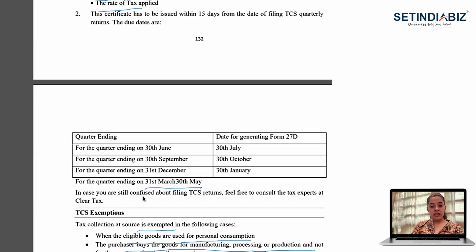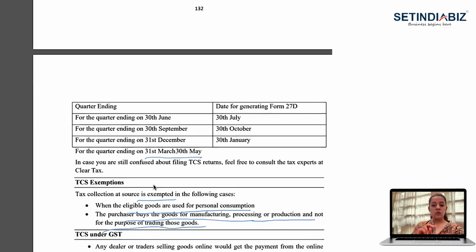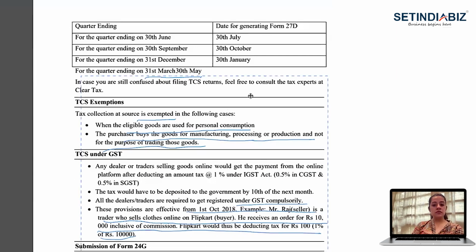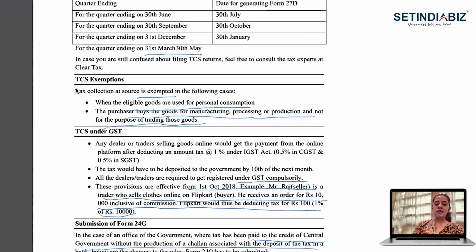For the quarter ending on 31st March, we get 2 extra months. You can see it is 30th May. So for every quarter it is 1 month, but since the financial year closes on 31st March and it is difficult to do everything in April, the government has given 2 months, that is 30th May, to file the return. In case you're still confused, you can check the ClearTax website.